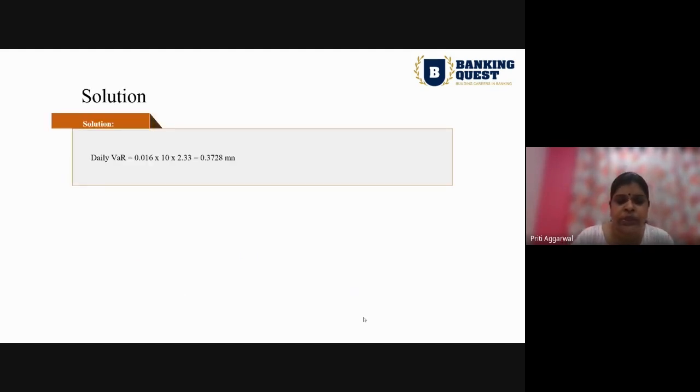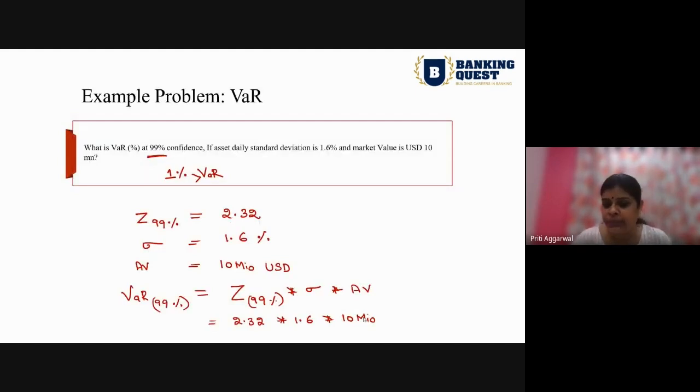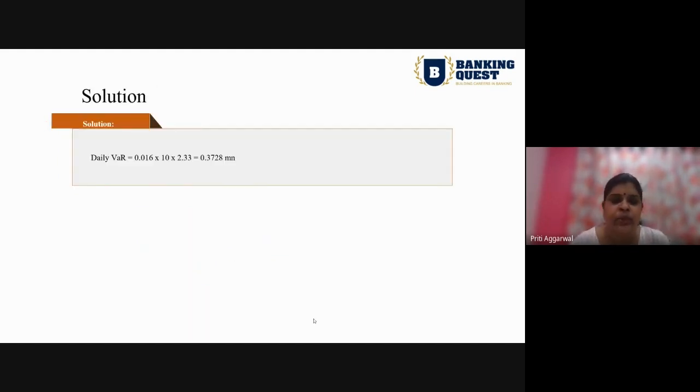So the solution you can see, it is 1.6 percent. I have written it in percentage format, right? So you can see over here, this is my standard deviation, this is my asset value, and this is my Z score at 99% confidence, right? So when I multiply all these three numbers, I will get a daily VAR of 0.3728 million USD.